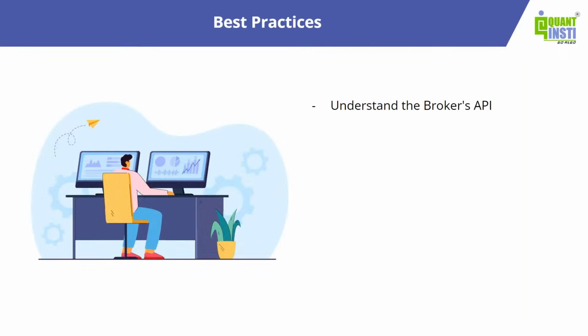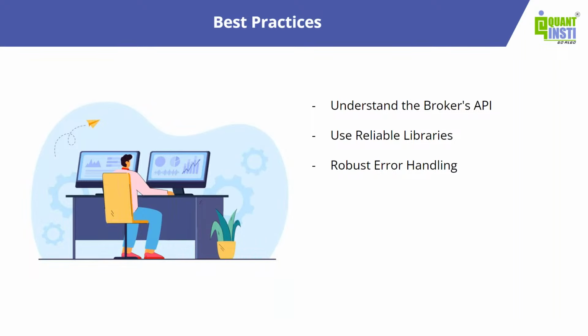I know most of the code is available online, or we are providing you certain code, but understanding the broker's API, its capabilities, and the functions that are used will definitely help you to move forward in the most efficient way. And use reliable libraries. There are many third-party Python libraries or wrappers that are available. Instead of banking on them, use the ones officially supported by the broker, which are reliable ones.